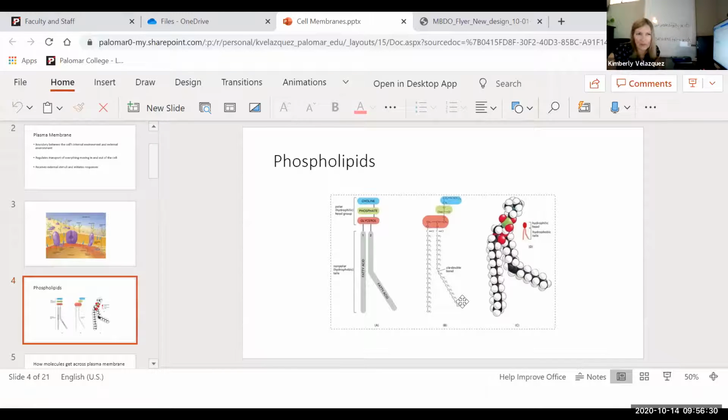Okay, so now this is going to be our first practice at using the chat feature for participation points. Again, you won't be judged on your answer, and today I am still taking attendance the old way, but I want everyone to practice doing this. So the question is, which type of fatty acid chain has the bend in the chain? Is it the saturated fatty acid or the unsaturated fatty acid?